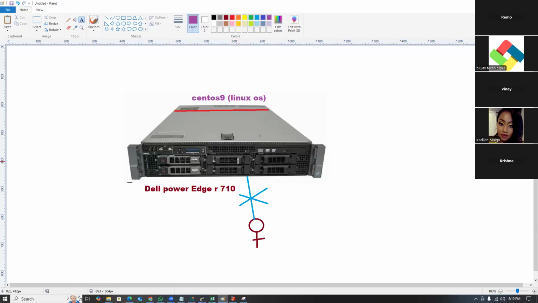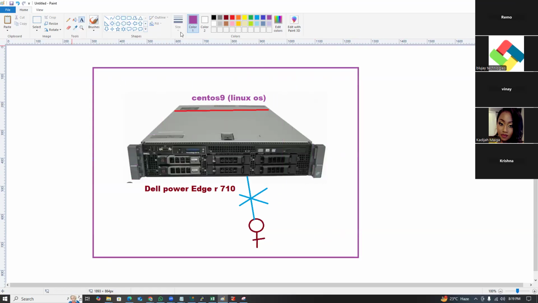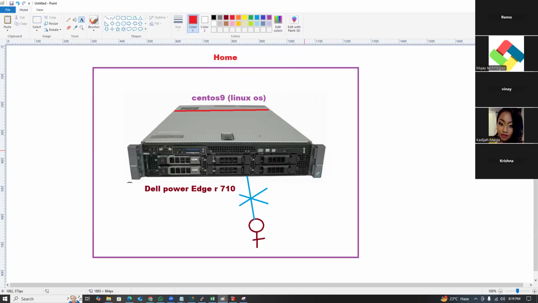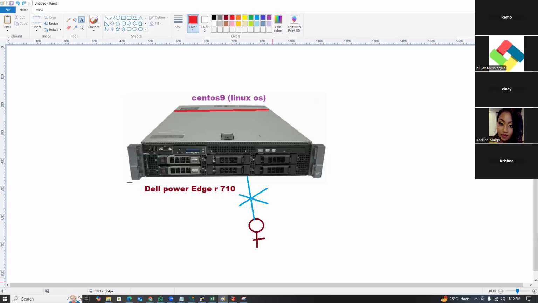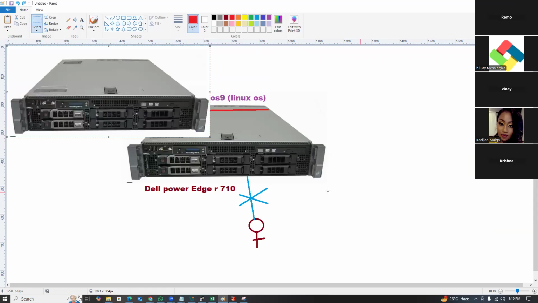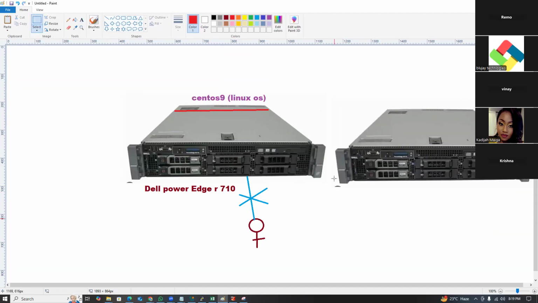After installing the OS, for example, you have a thought and you developed the code for messaging purposes, WhatsApp, right? You bought this server and kept it in your home. This is the other server and we installed the same thing.